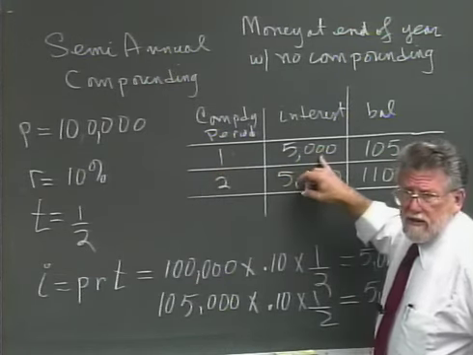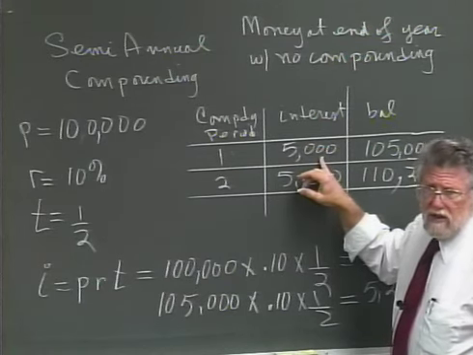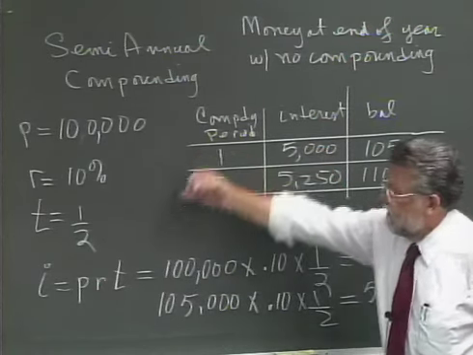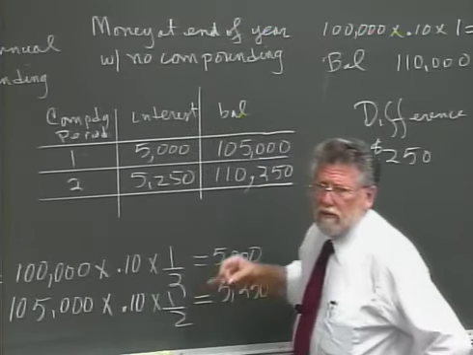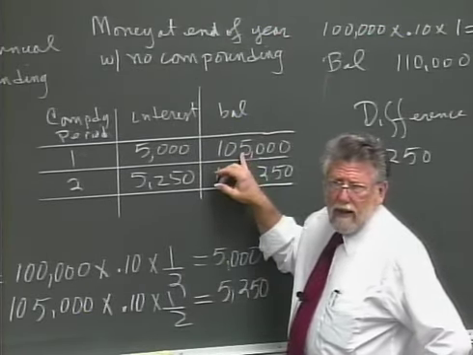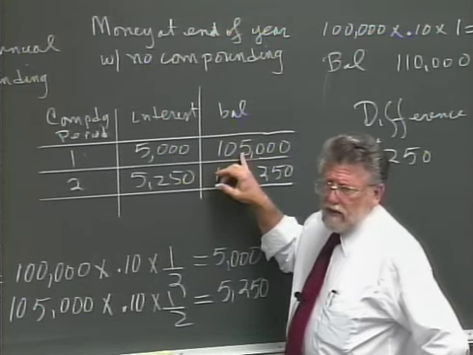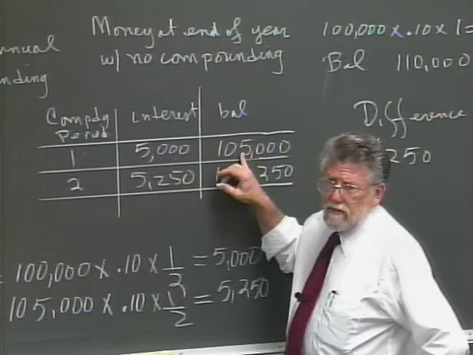Your interest is $5,000. So what is your balance? Let's slide over now just to this part here, Will, so I have some room to move. So I have now in the bank $105,000 at the end of the first 6 months.